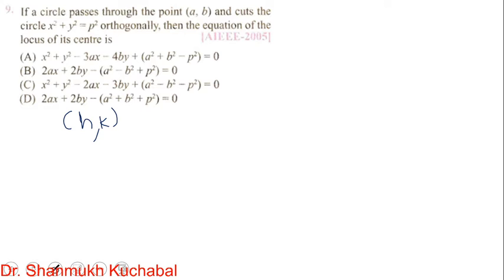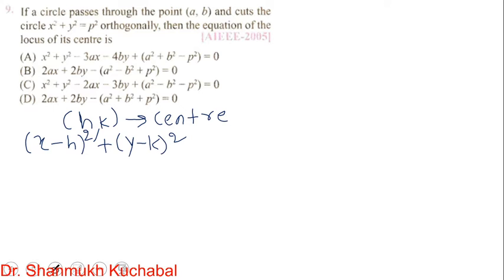It is the center. Further we will apply the formula: (x minus h) whole square plus (y minus k) whole square. Here h and k I have taken as the center.